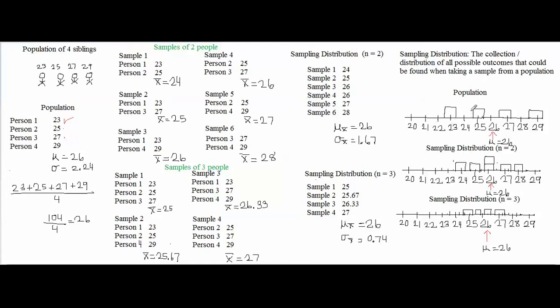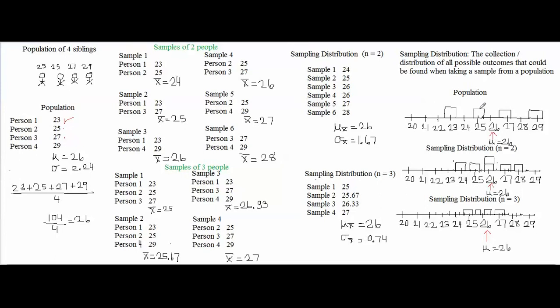Because I said, as we go from here to here to here, we're getting less and less spread, which means that the standard deviation is the highest for the entire population. It's lower for this sampling distribution, and it's lowest for this sampling distribution.